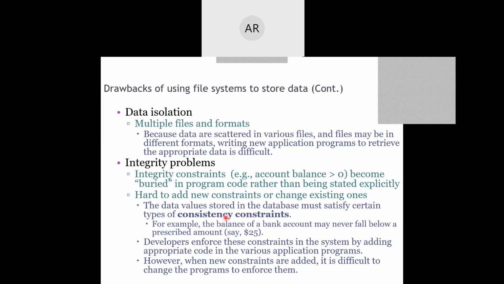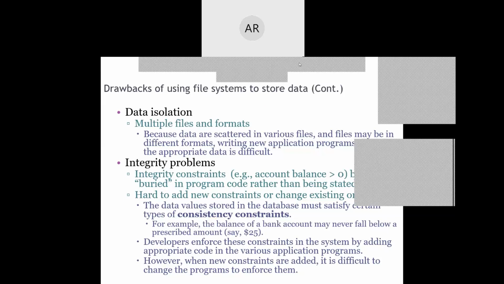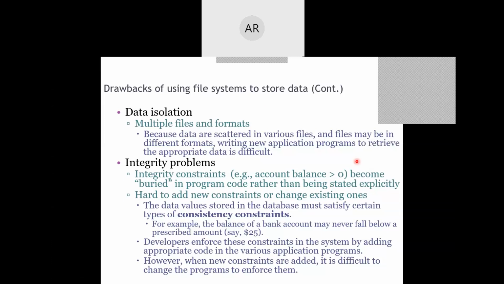Similarly, in bank accounts, suppose you went for withdrawing money and you entered, for example, 10 lakhs. Actually, you wanted to withdraw only 10,000, but you pressed two more zeros by mistake. Those types of checks, whether that amount is available in your bank balance or not, can you draw it or not, is there any withdrawing limit or not, are not possible in a file system because there is no mechanism for it built in internally.